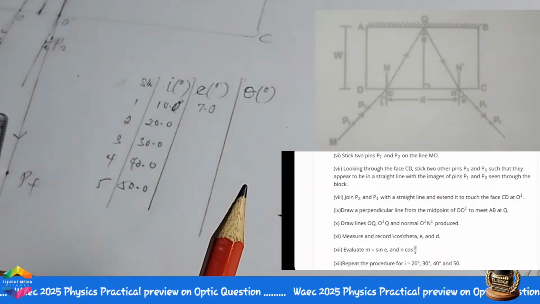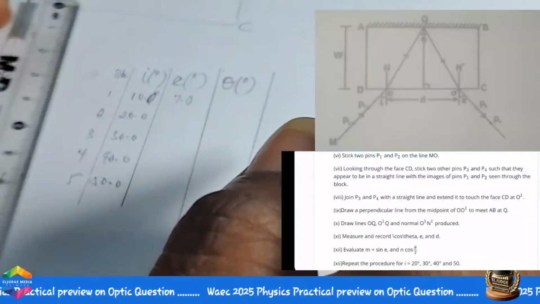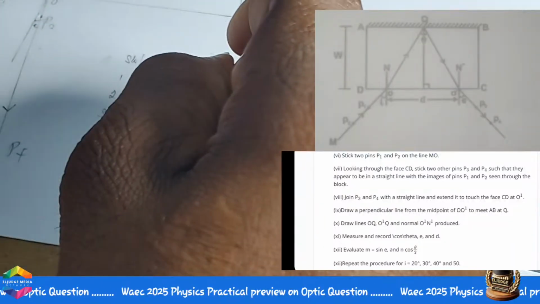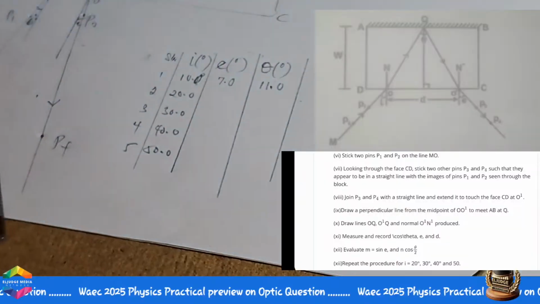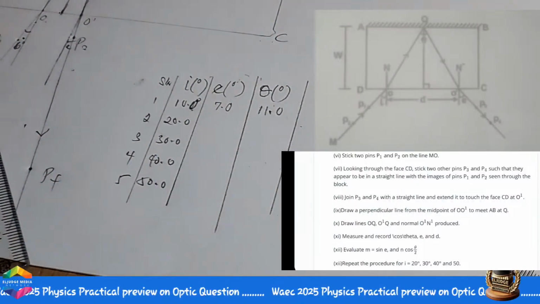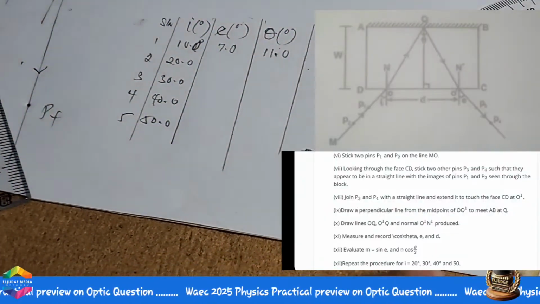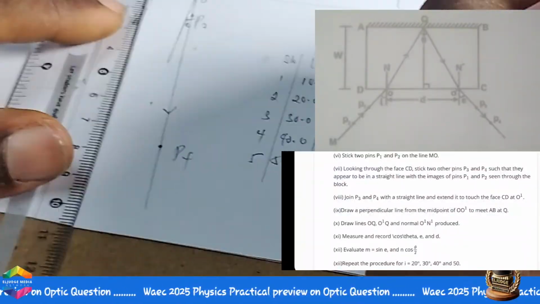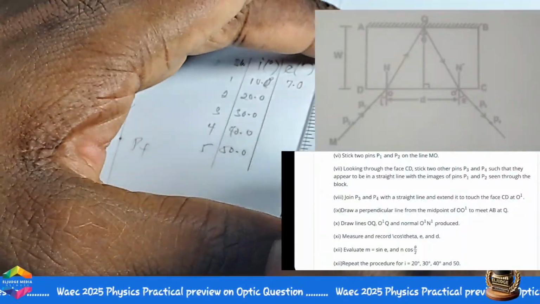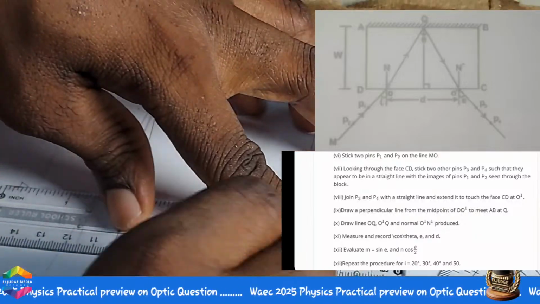We have value of theta here as 11.0 degrees. Then we are told to evaluate, measure and record cos theta, E and D. So we have to find cos theta too. So our table of values should have this.